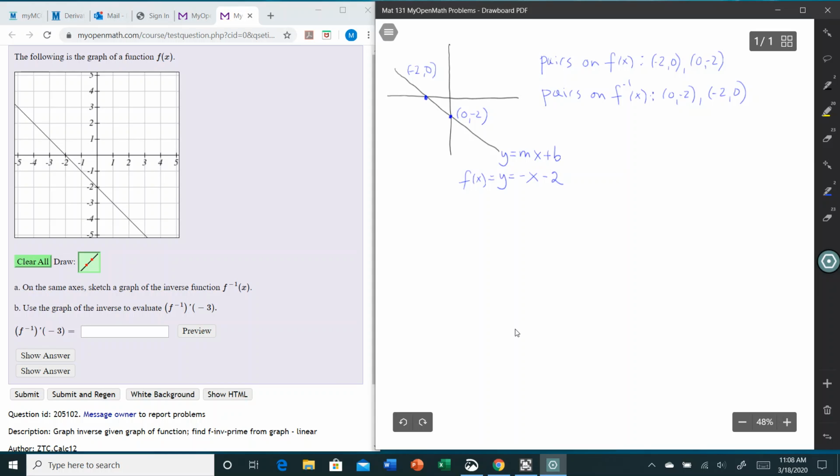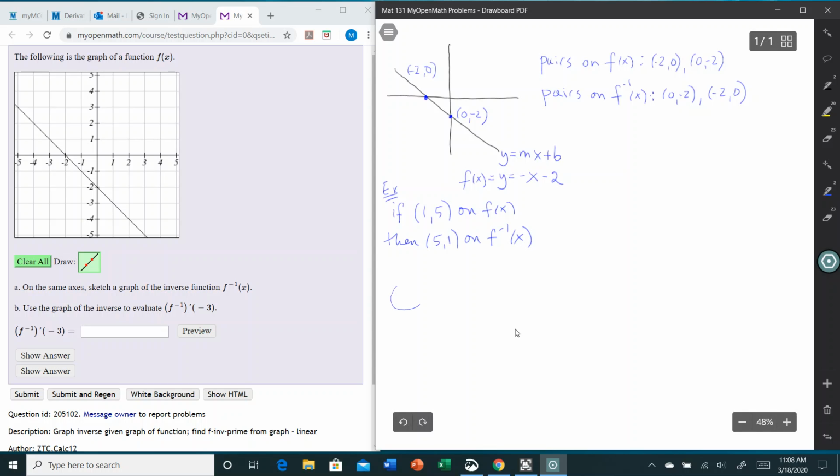As a little example, if you have the pair 1, 5 on f, then the ordered pair 5, 1 is on the inverse function, because that's what inverse functions do.